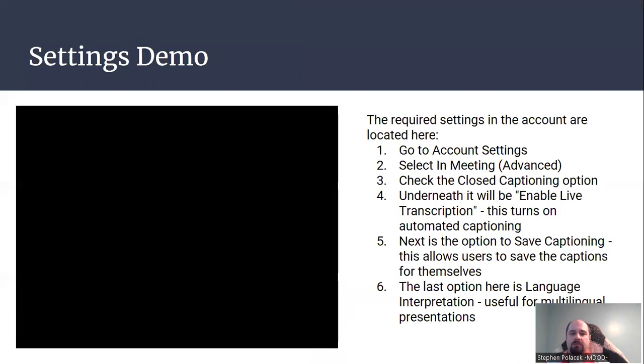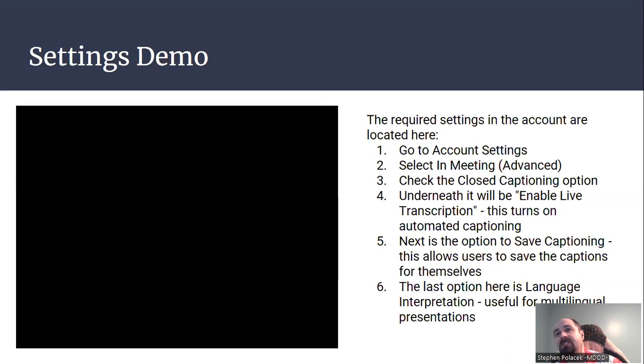All right, so the required settings that you need to change in order to have automated captions are in your account, as I mentioned. So you want to select in meeting, the advanced tab, and then you want to check the closed captioning option, and then underneath it will also be enable live transcription. That's the automated captioning. So if you want to have that option available to you, you need to turn it on here.